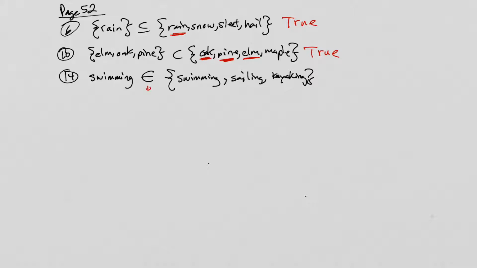So this is asking about an element. Notice that there are no braces over here, which is good. That means you can use the element symbol. Swimming is an element of this other set. Yes, it's right here. So this is true.